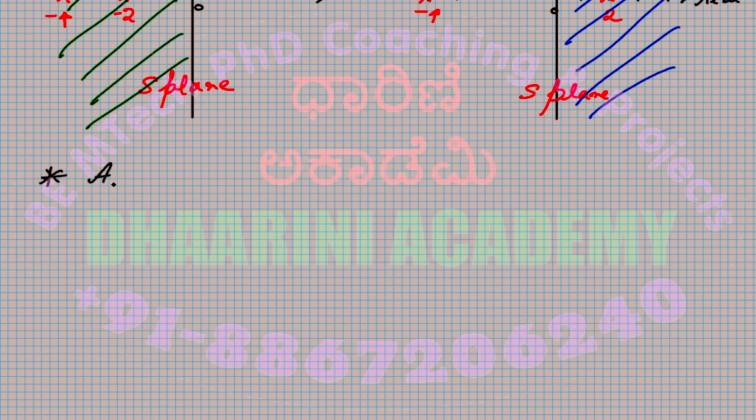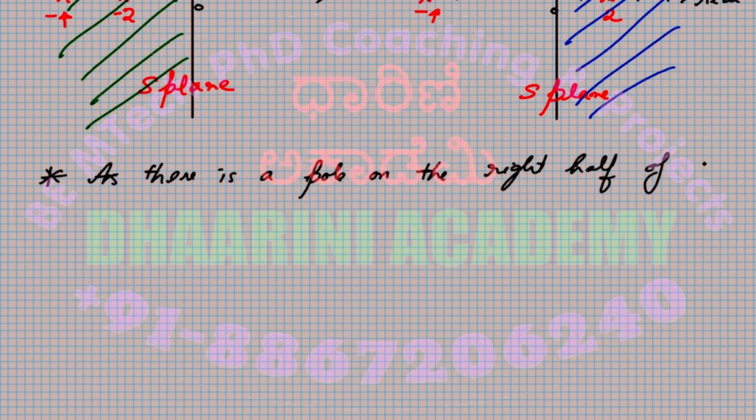As there is a pole on the right half of the S-plane, this implies that ultimately the system is unstable, but I'm trying to write the reason behind that.